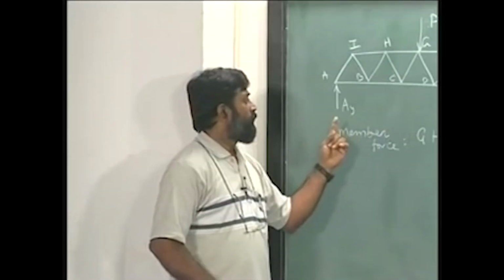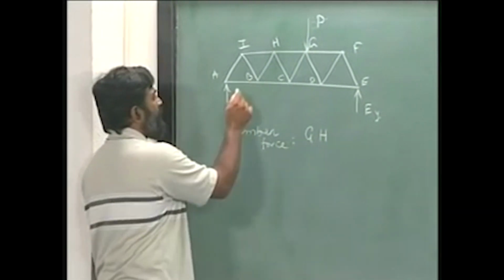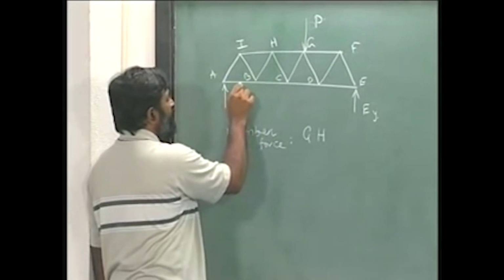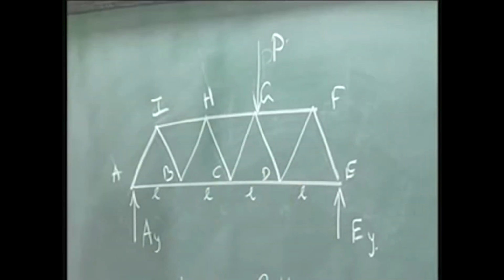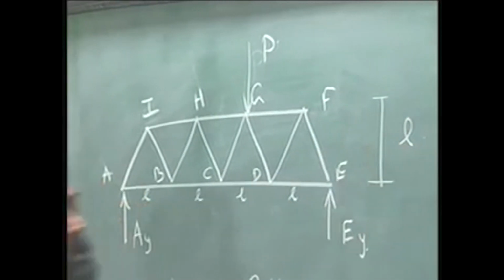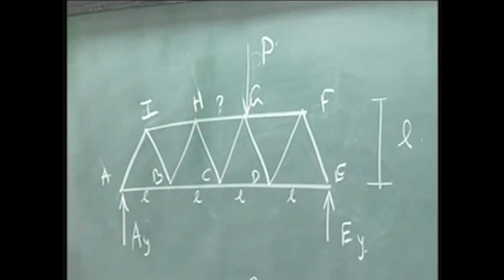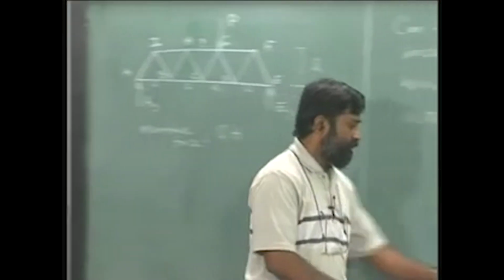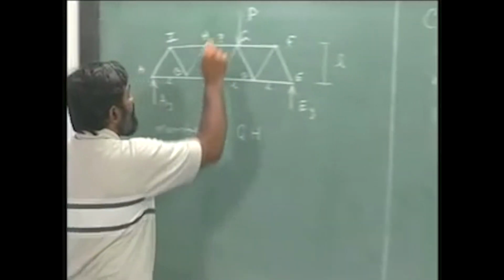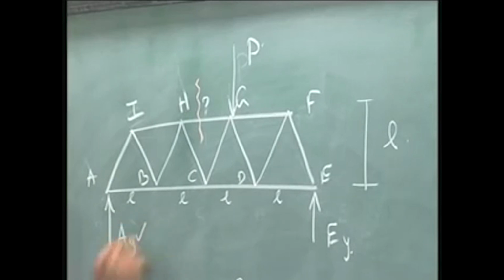Now for now we can easily find out these two reactions. Let us say the span is the same, let us say L, L, L, L. Let us say the height is also equal to L. What we need to find out is this member force GH. So which automatically means that I need to section this GH. This is already known by total equilibrium.